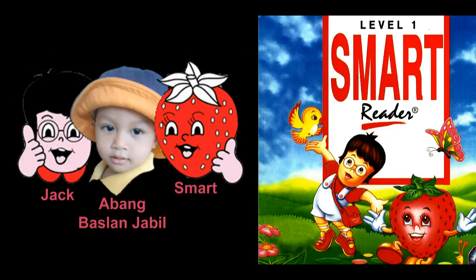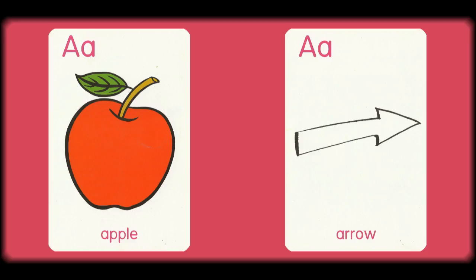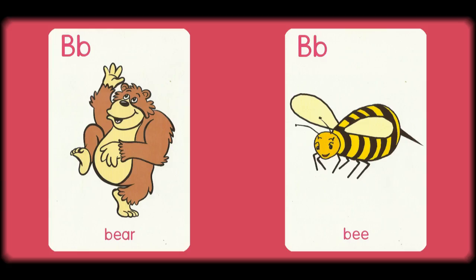Well done. Do you know that every letter has its own sound? Shall we begin with the letter A? A, as in apple and arrow. A, apple, arrow. B, as in bear and bee.